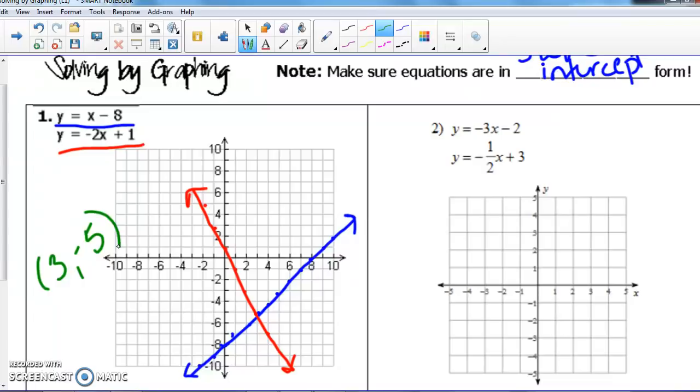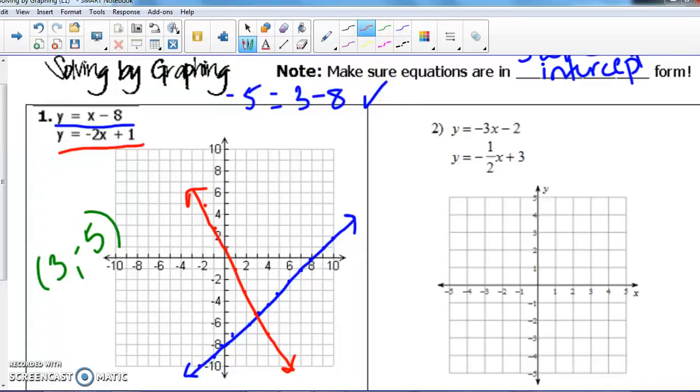As I mentioned earlier, what the solution technically means, or the way that you can check it, is if I plug this ordered pair into both equations, this actually works out. For instance, in the top equation. Not that I need you to show me this every time, but just so you understand where this is coming from. In this top equation, if I plug in the x and y, if I plug in y as -5 equals 3 minus 8, this one does check out. 3 minus 8 is -5.